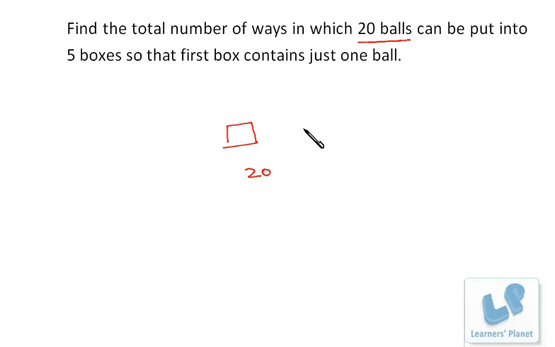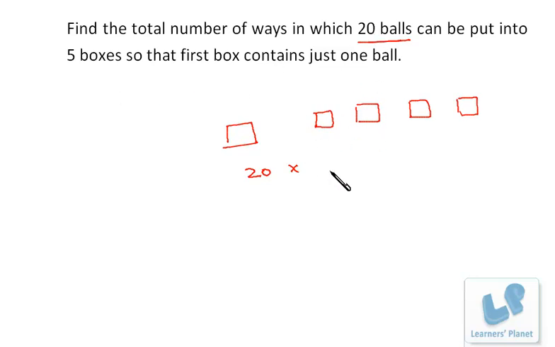Now we are left with 19 balls and the remaining 4 boxes, 1, 2, 3 and 4, right? Now for each of the remaining balls we have 4 choices. I'm sorry, I said 19 earlier, but it's 4 choices, because there are 4 boxes.